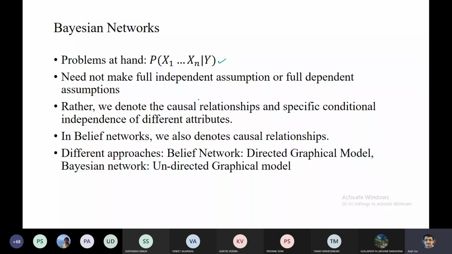Now, what we really want to do is this. If I try full independence, this is naive Bayes. And full dependence is intractable.